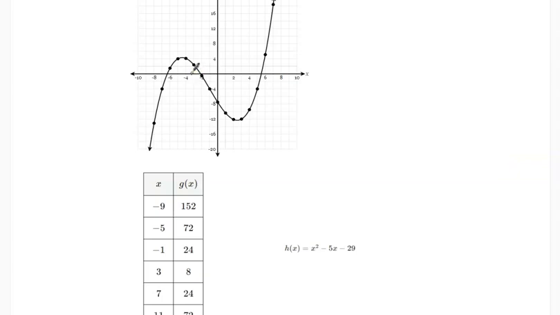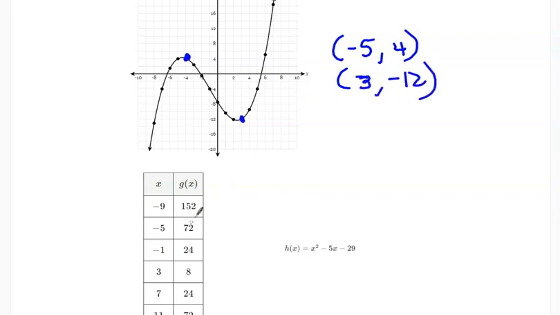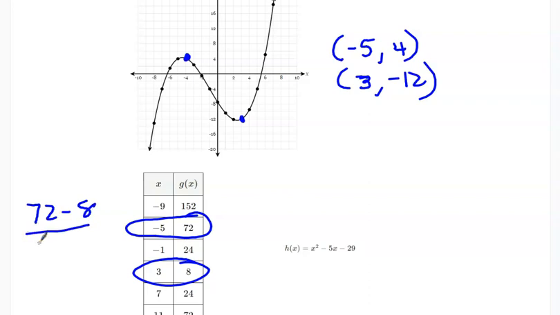So from -5 to +3, these are our x and y coordinates. -5, 4, +3, -12. Over here, we have -5 and 3, so that's 72 minus 8 over -5 minus 3.